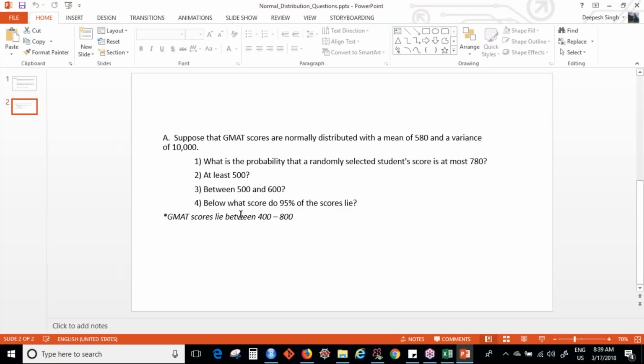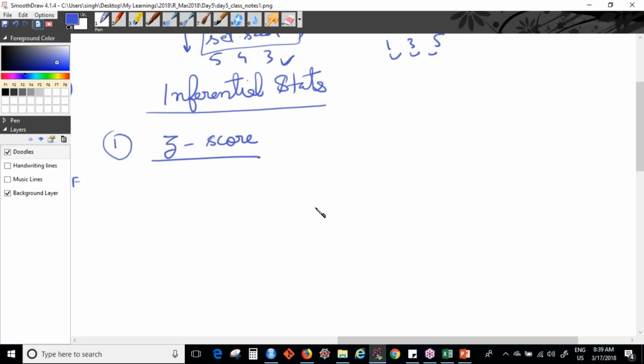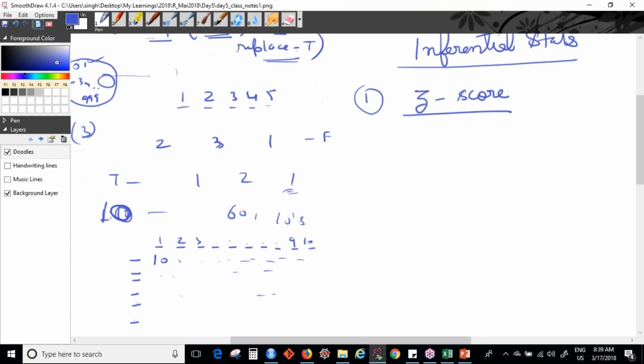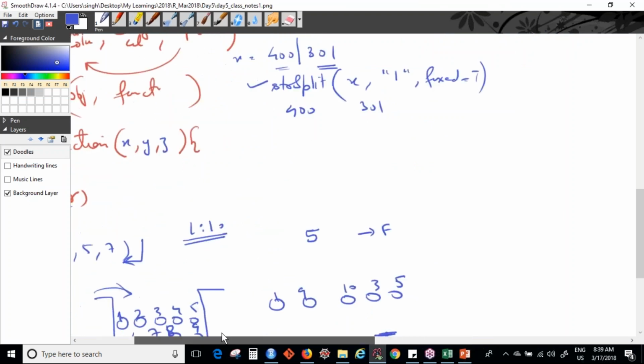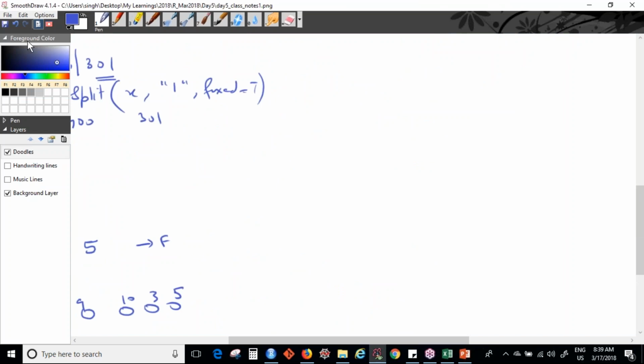So the question is, below what score do 95% of scores lie? The mean is 580, the variance is 10,000.